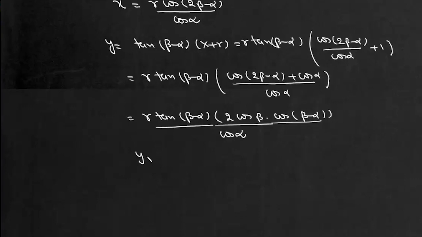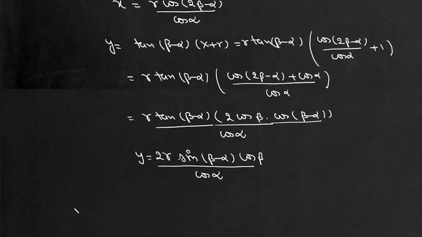So we'll get this y coordinate as 2r sine beta minus alpha cos beta upon cos alpha.